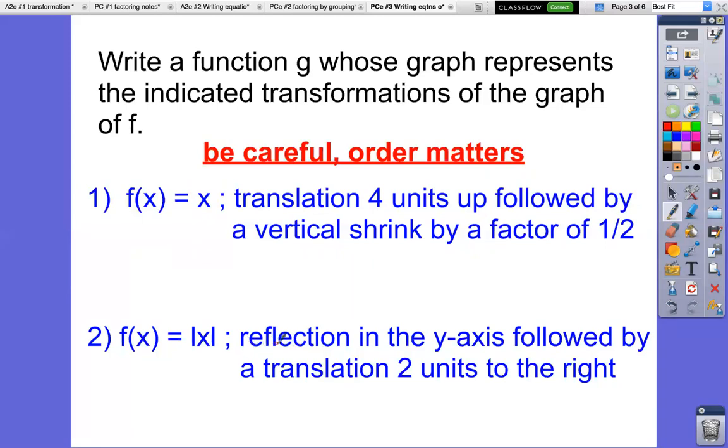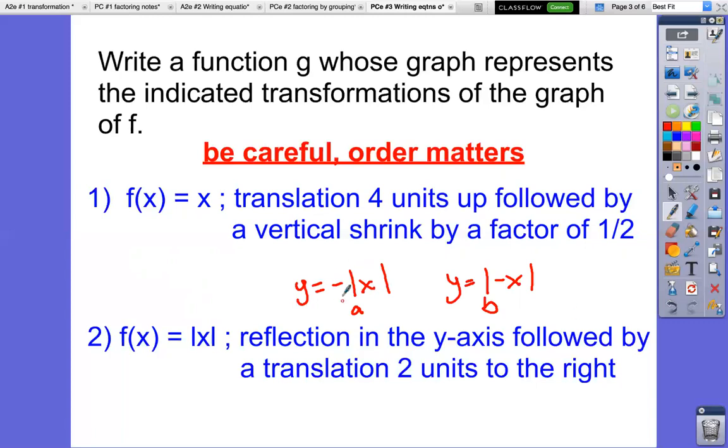So the very first thing it says, a reflection in the y-axis. Well, reflection in the y-axis, is that going to be this? Or is it going to be this? Which one, A or B? Which one is a reflection in the y-axis? A. B. Ooh, wait a minute.